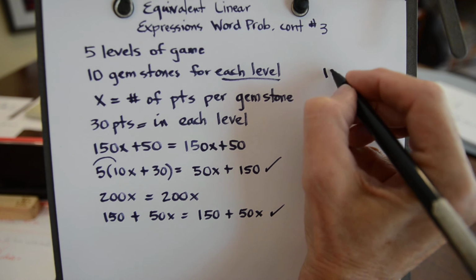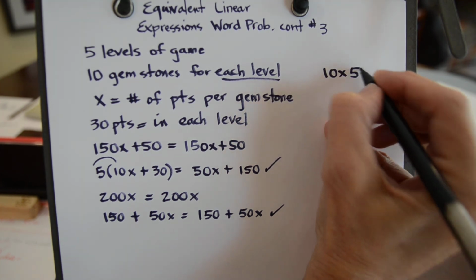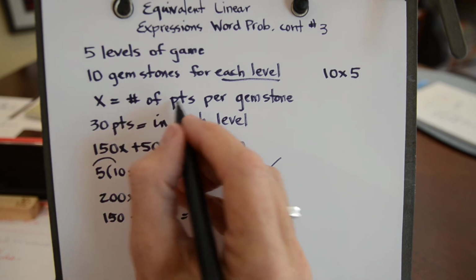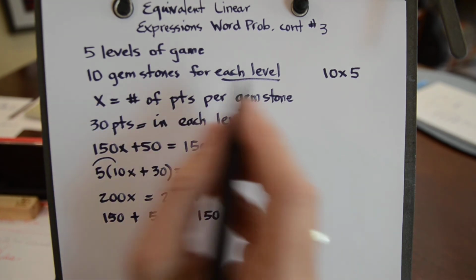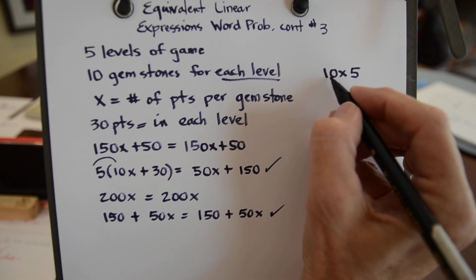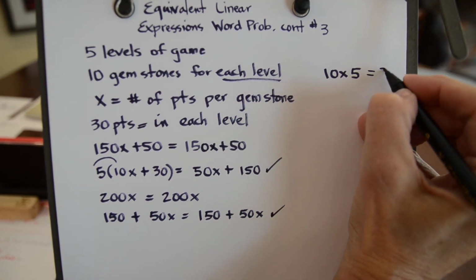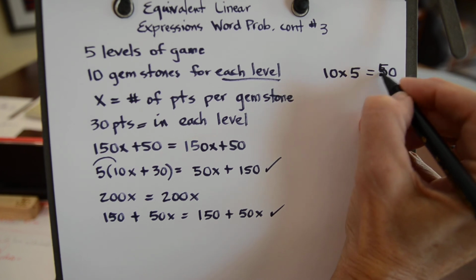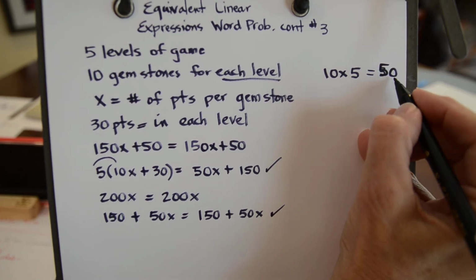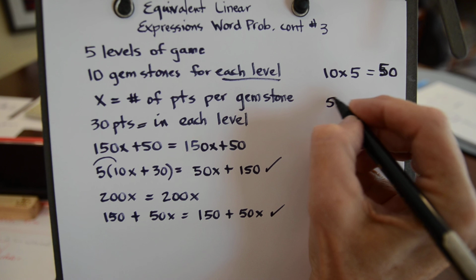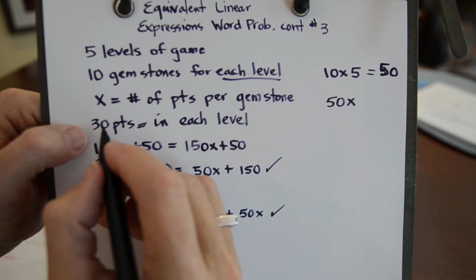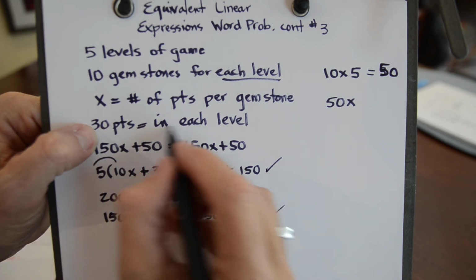So this would become 10 times 5. Then it says I got X number of points per gemstone. Well, how many gemstones did I have? I've got 50 gemstones. And so I need to take the 50 gemstones and multiply it times the X. And then I got 30 points in each level.